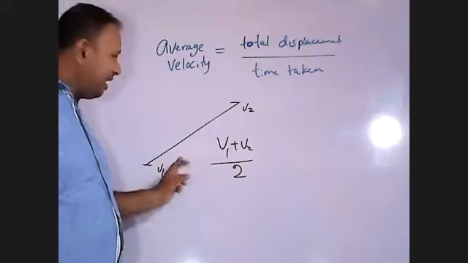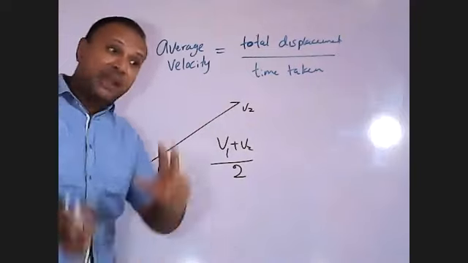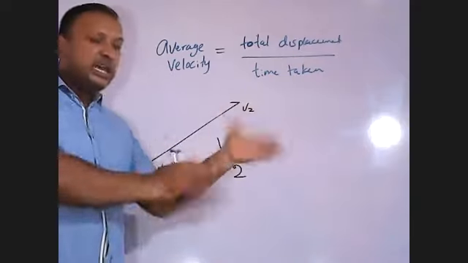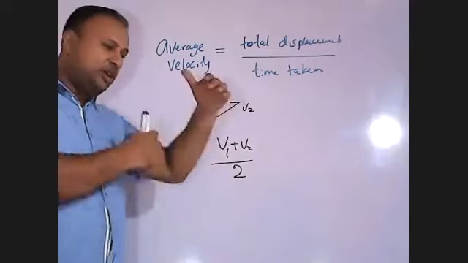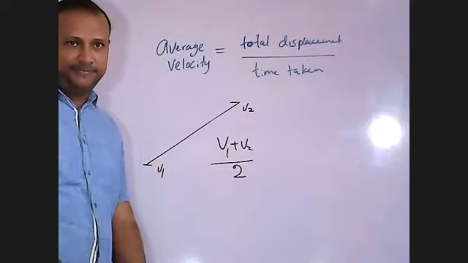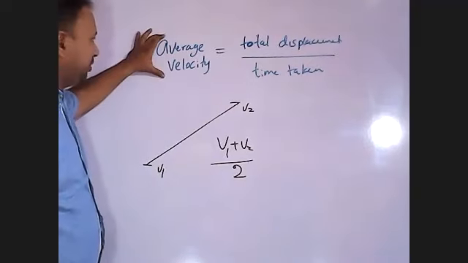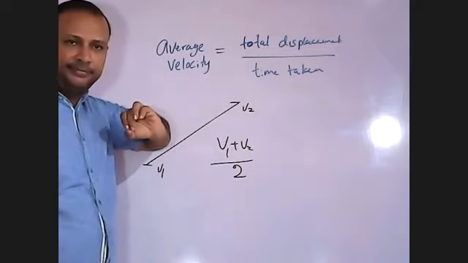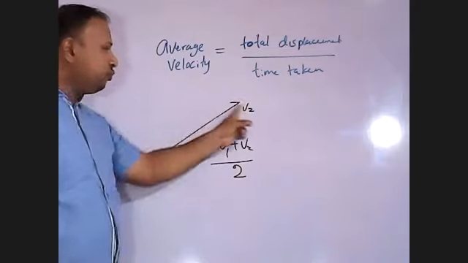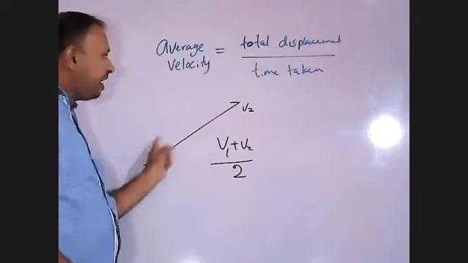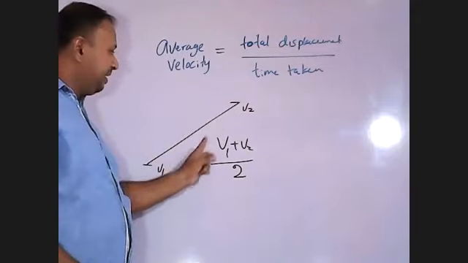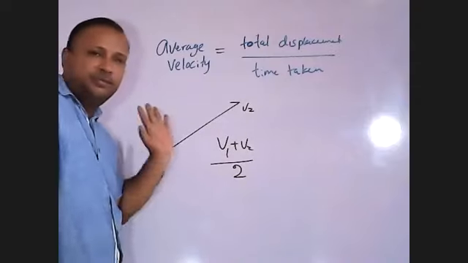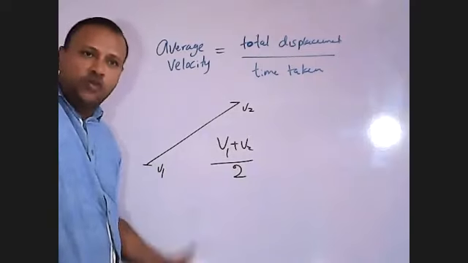The average of v1 and v2 and average velocity are two different definitions. Average velocity means total displacement over time taken. The average of two velocities means the addition of those two divided by 2.